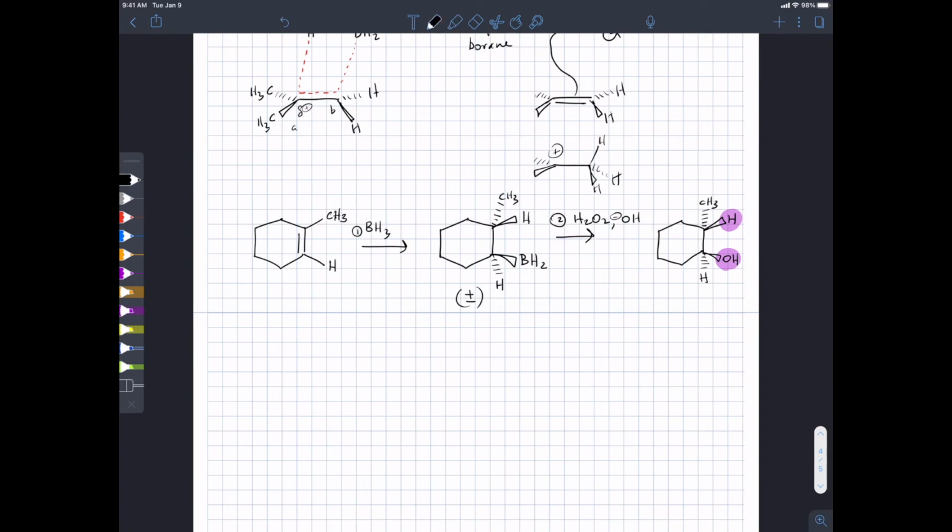And this is exactly backwards from what we would get if we tried the same reaction under just strongly acidic conditions. We would end up with the OH group on the more substituted carbon, and there wouldn't be any stereochemical issues to speak of. Yeah?